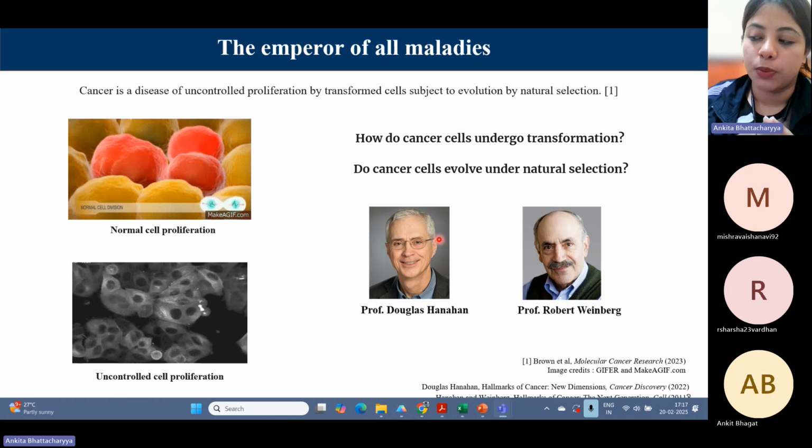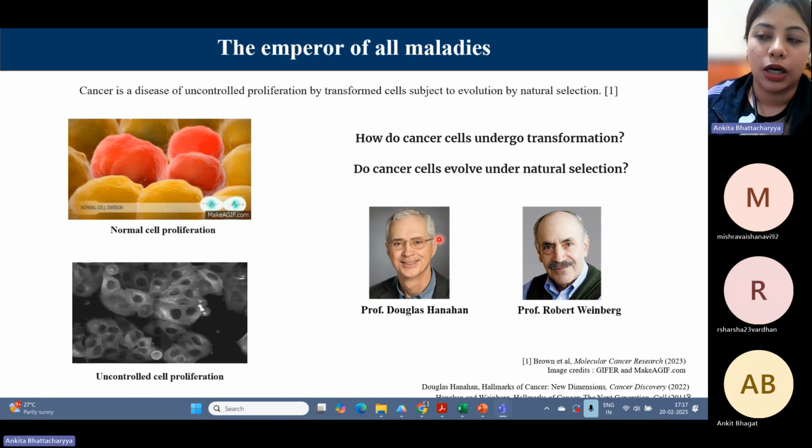So again, just to make you a little more familiar with how research works, when we talk about a disease, or rather a disorder as complicated or as widely varying as cancer, it's never enough for one group to work on it. So scientists across the world have made an immense number of contributions.